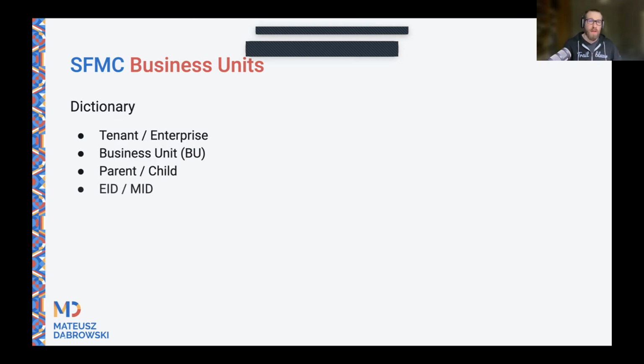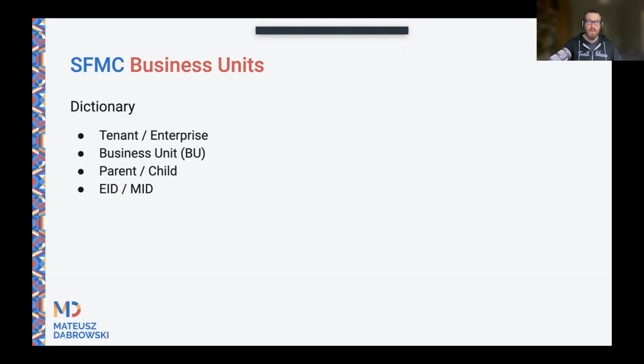Finally, the last term that I want to cover right now is the AID and MID. You can see it a lot in the documentation, in the scripts and snippets that you will be seeing on the web, or even when you are creating a support ticket. Those are enterprise ID and member ID. So the enterprise ID is always in relation to the enterprise, so the parent business unit.